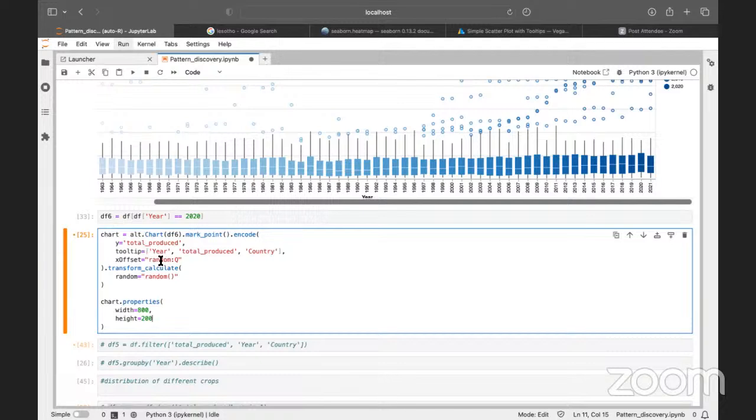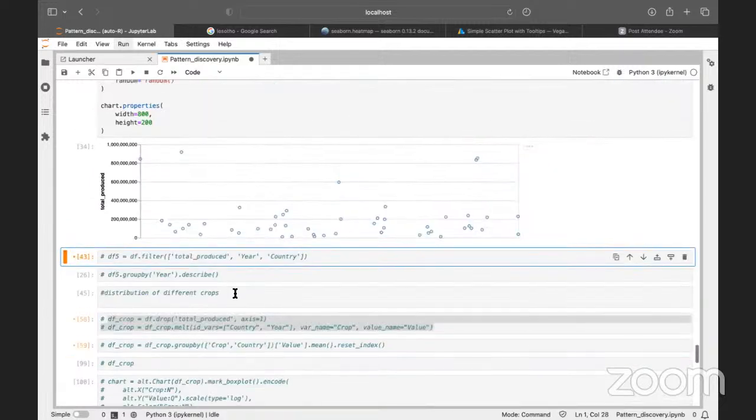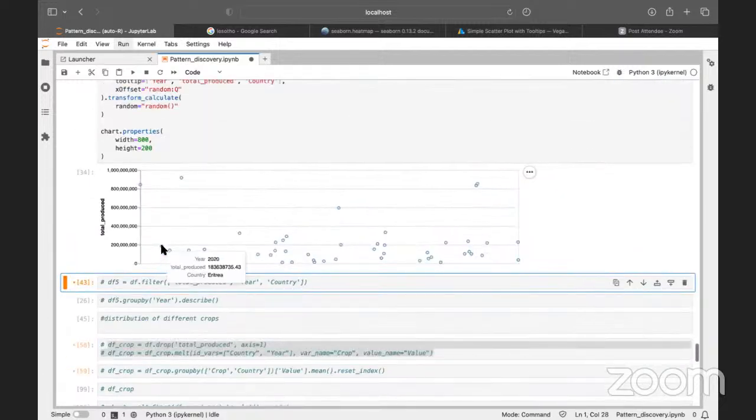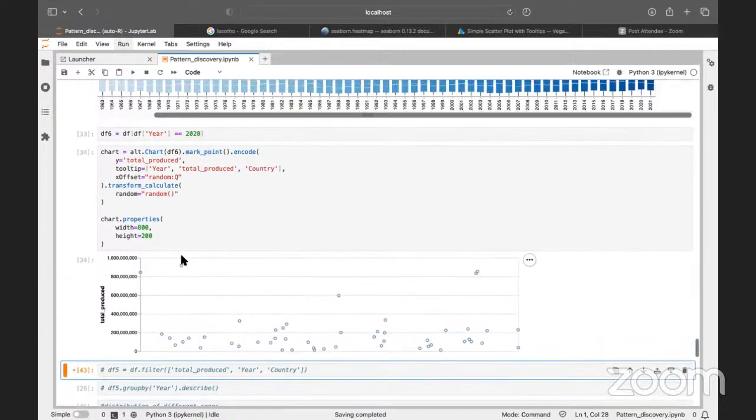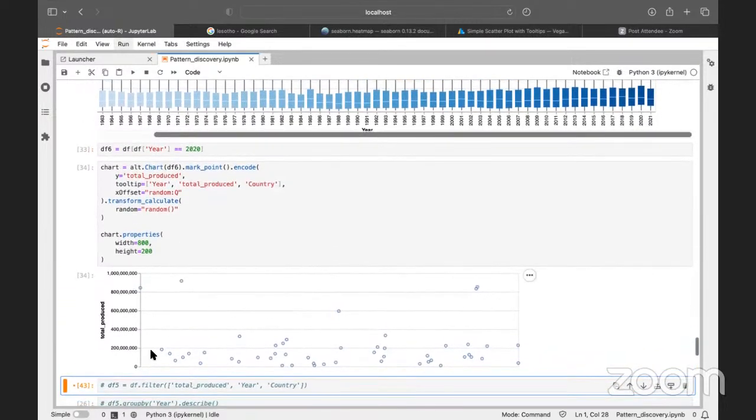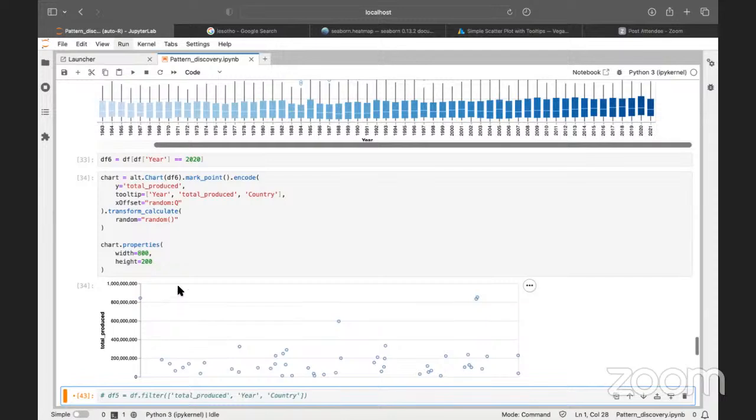And then we have this x offset, which will plot it against a random range of values on the x-axis. And then the y will plot the total produced values for the year 2020. Now let me show you what it does. These various points represent all the countries, with their total produced value. We get to see more clearly the ones that are outliers, where they are.